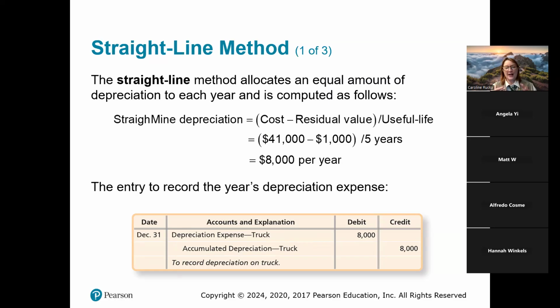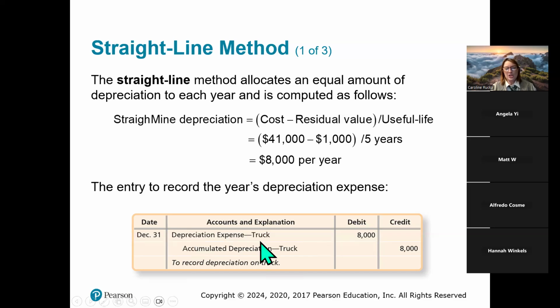You divide the entire depreciable cost over the entire useful life. Our depreciable cost is going to be the cost of the item minus the residual value. So it's going to be 40,000 divided by the 5 years of useful life. So every year we're going to depreciate it by $8,000. What does that look like as a journal entry?